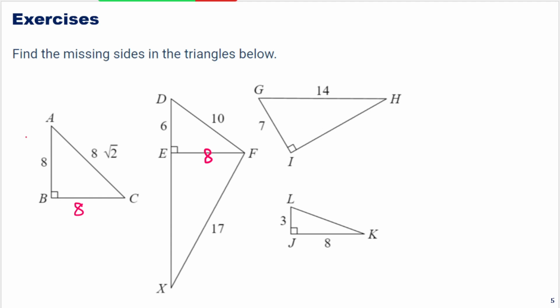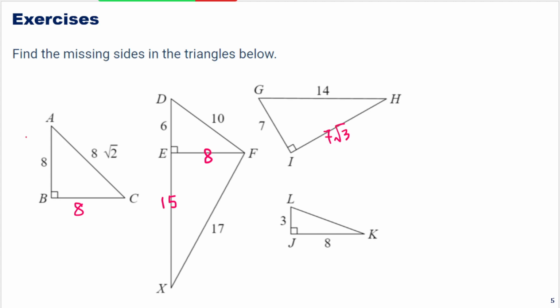And then consider the other right triangle there. We have EX squared equals FX squared minus EF squared. So EX here equals 15, right? And then consider right triangle GHI. HI squared plus GI squared equals GH squared. Therefore, we have HI equals square root of 147, and this gives us 7 times square root 3.